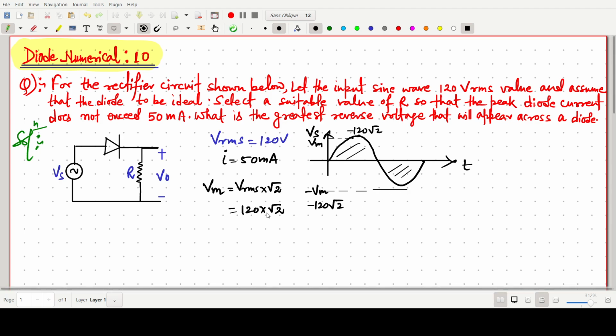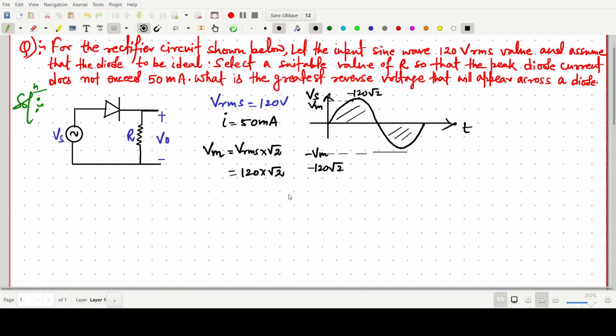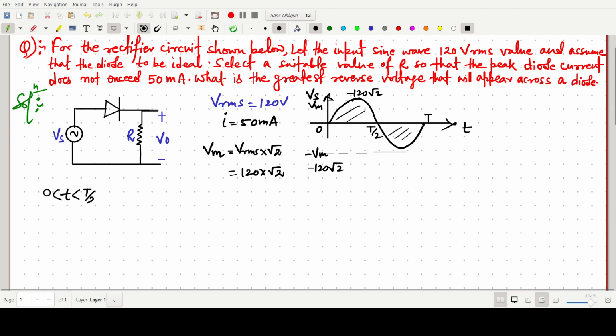Now we have to find the resistance R. When the diode is operating in the time interval 0 to T by 2, the diode will be in the on state. That means this diode will be short circuited. So one can redraw the circuit like this.